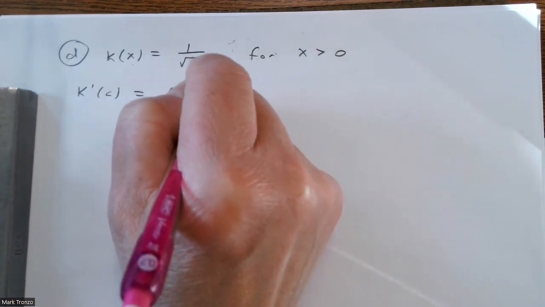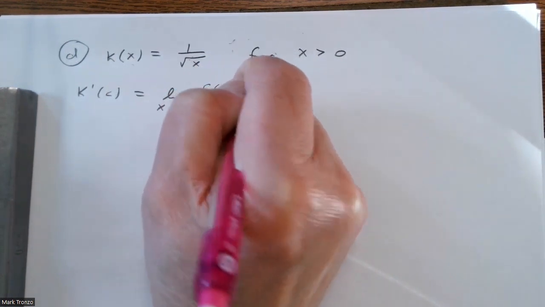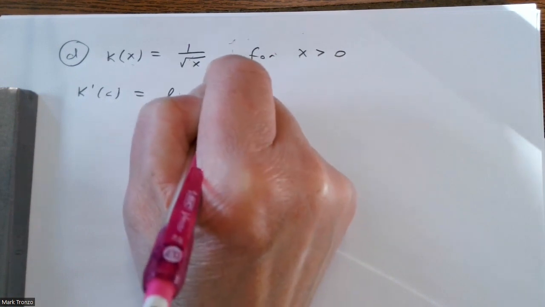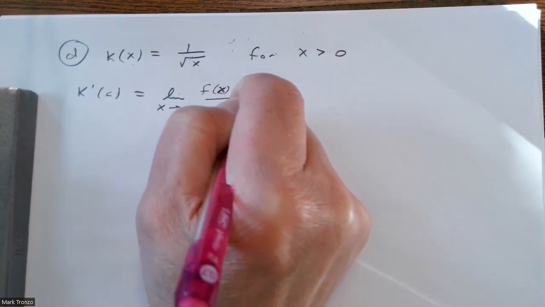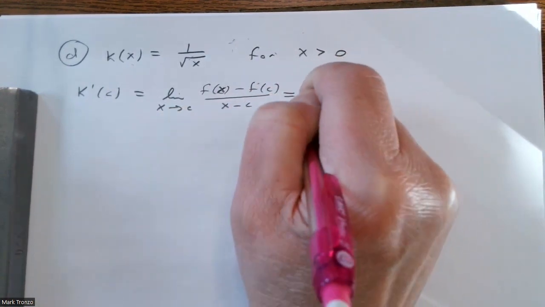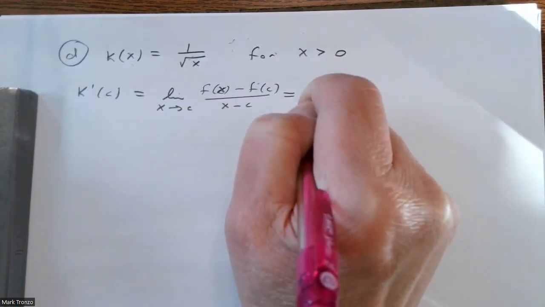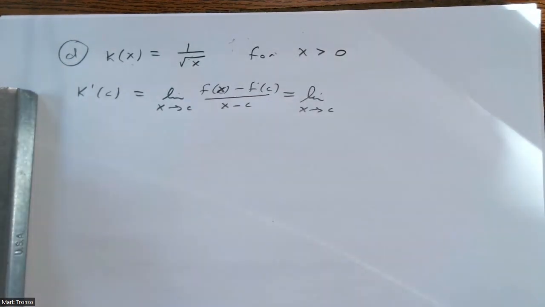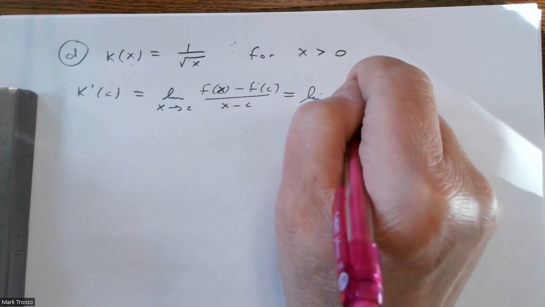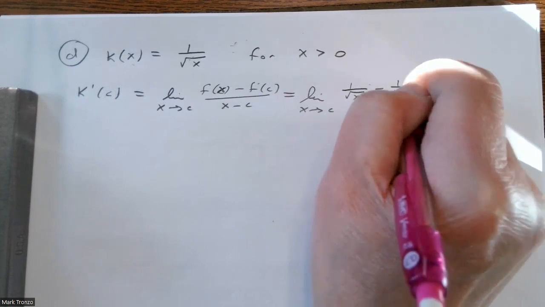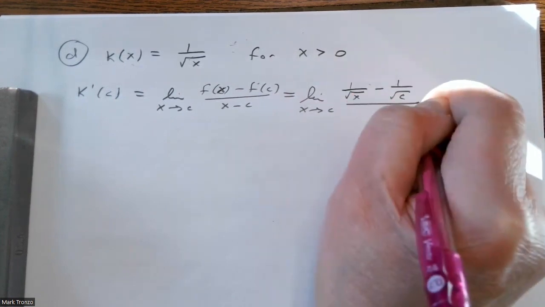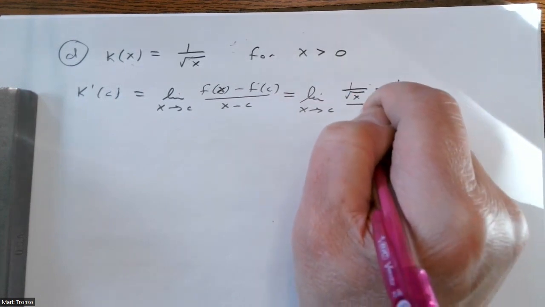and that's going to be, give me f of x, that's f of c, over x minus c. Plug everything in, and that's going to be 1 over the square root of x minus 1 over square root of c, over x minus c.